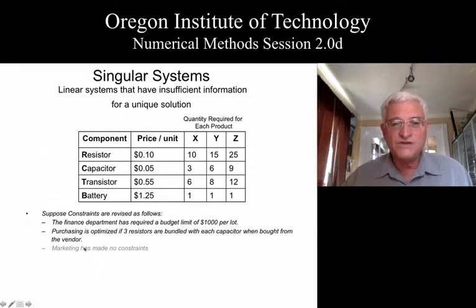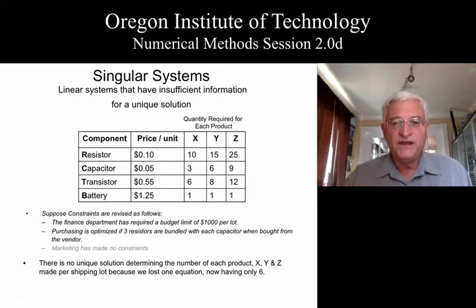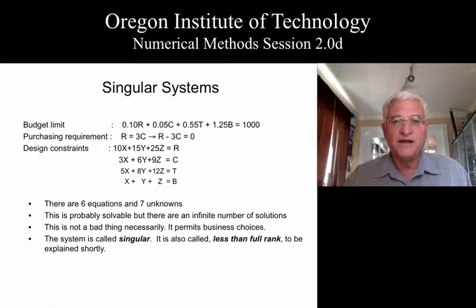And let's suppose that the marketing group didn't make any constraints at this time. Now, I know last time we brought this example, there were marketing constraints, but let's just pretend that that didn't happen. Well, that's going to end up resulting in an insufficient number of equations to determine our solution. We're going to end up with 7 unknowns with only 6 equations.